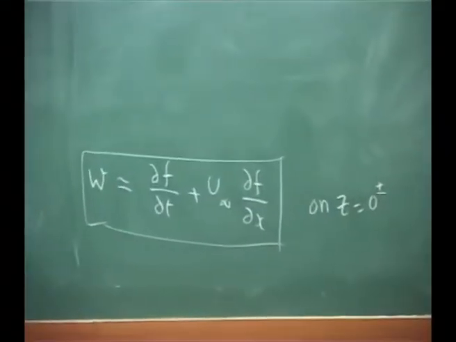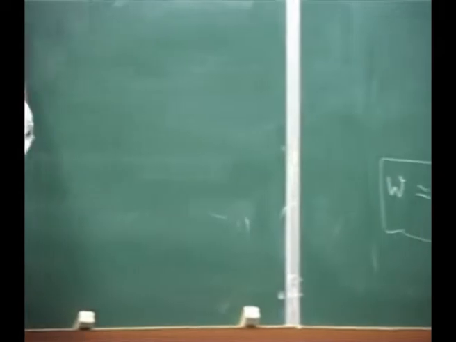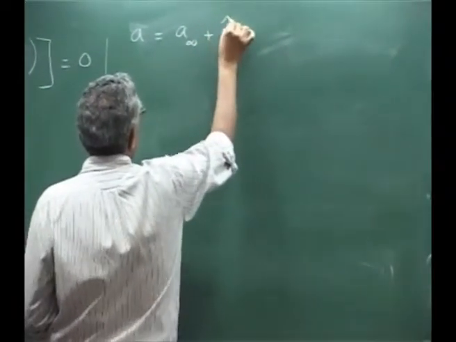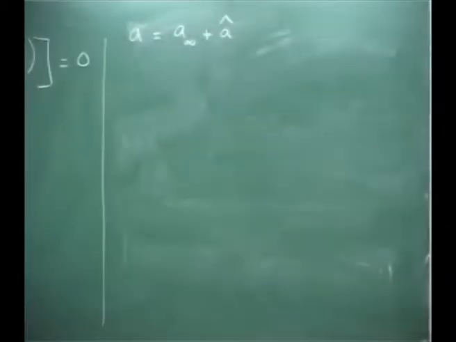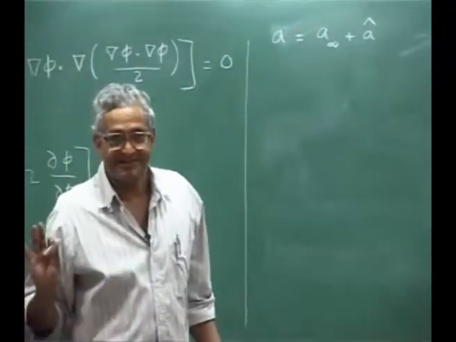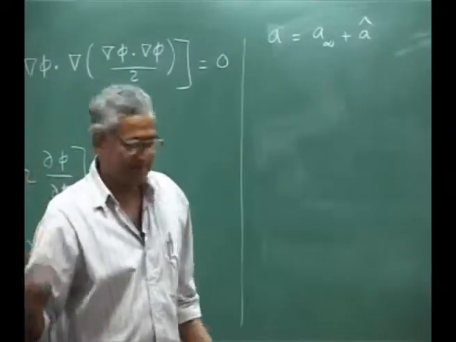Okay, we are going to now use the condition that the speed of sound is A infinity plus A hat. These are small disturbance, that is, the small perturbation quantities.